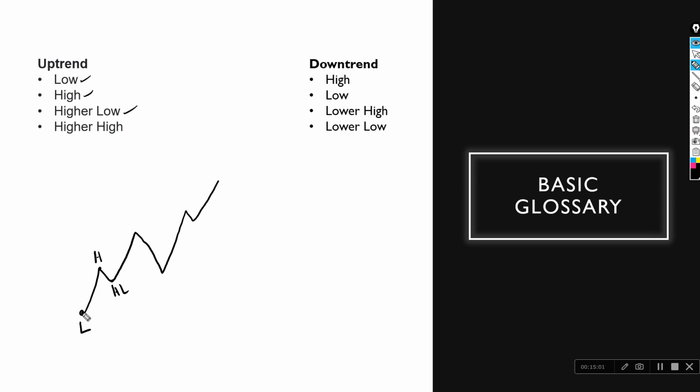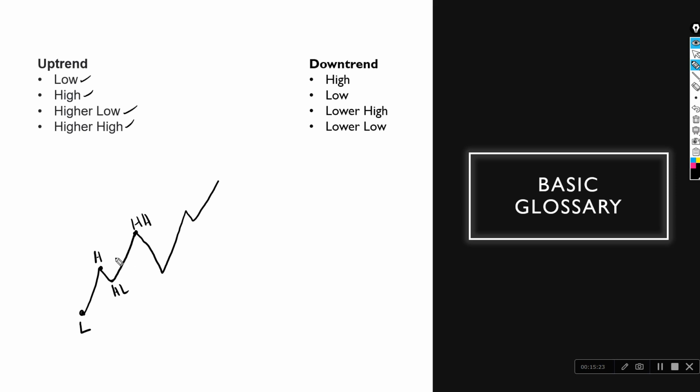It is not lower than this low. Those terms will come up in a downtrend and I'll help you understand. Next is higher high. This is the higher high. Now why is this a higher high? Because this point here is higher than the previous high. So that's why it is called a higher high.